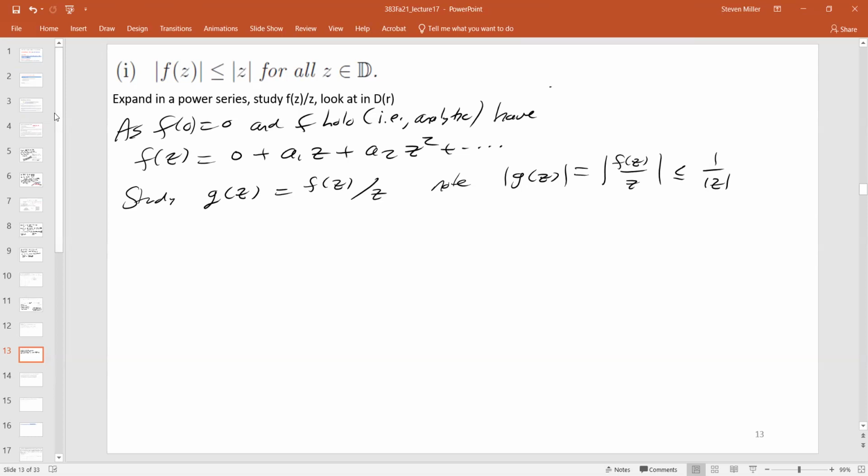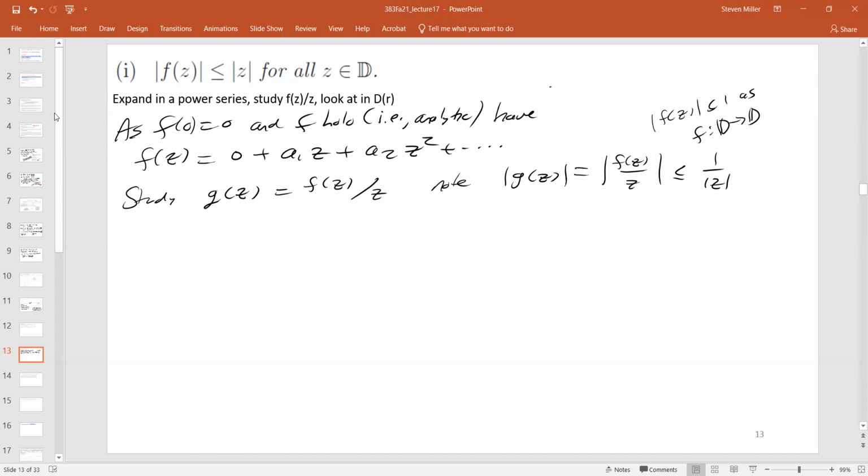What do we know about f? Yeah. We know the absolute value of f of z is less than or equal to 1 as f maps the unit disk to the unit disk. So we know the absolute value of g of z is less than or equal to 1 over the absolute value of z. Okay.